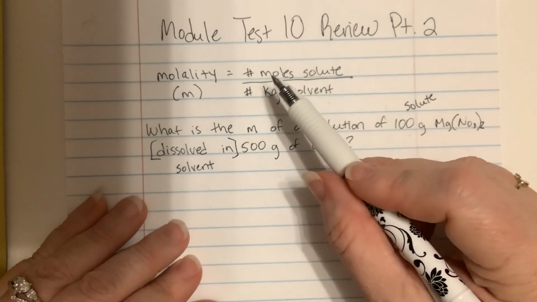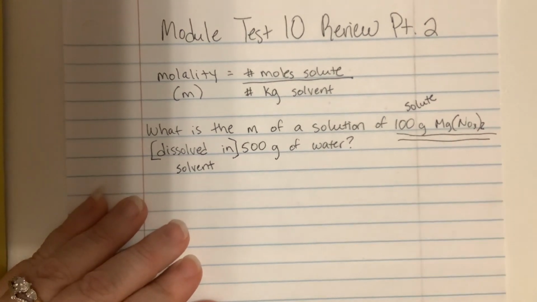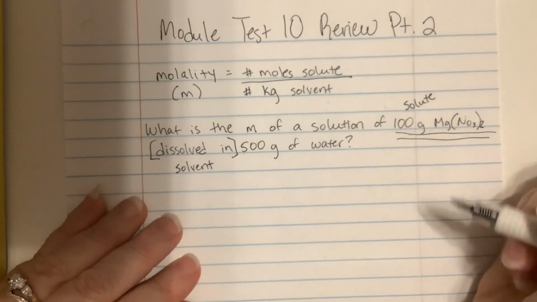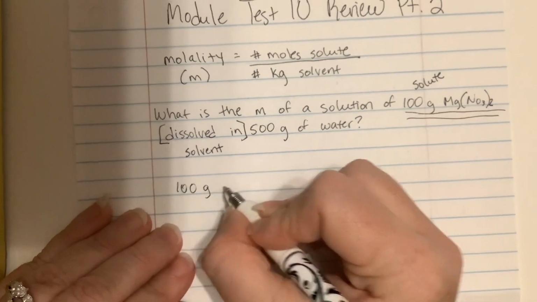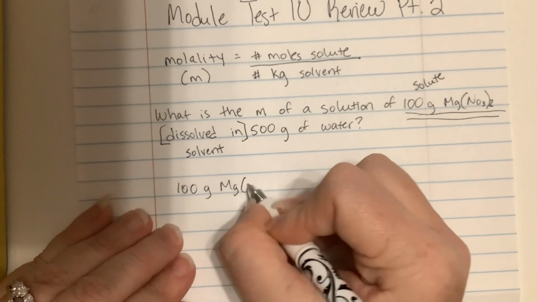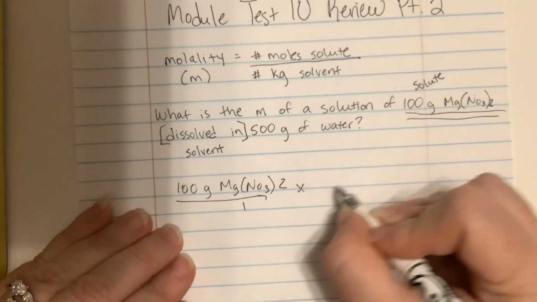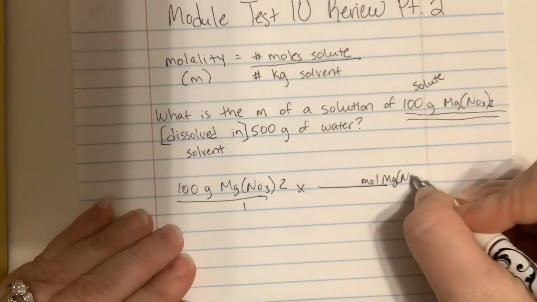My solute needs to be in moles. I have grams, but I know how to change grams into moles because I know about stoichiometry, right? So I've got 100 grams of magnesium nitrate, and I want to change it into moles of magnesium nitrate.